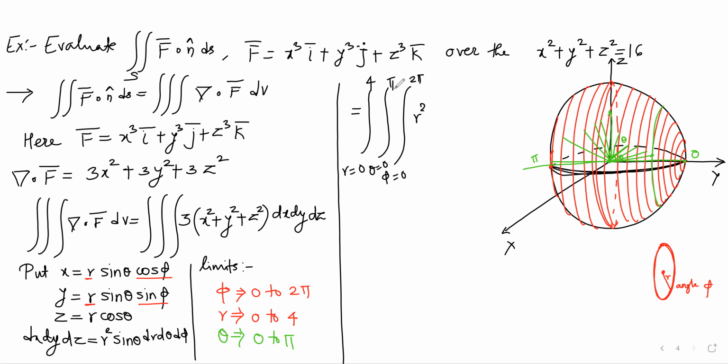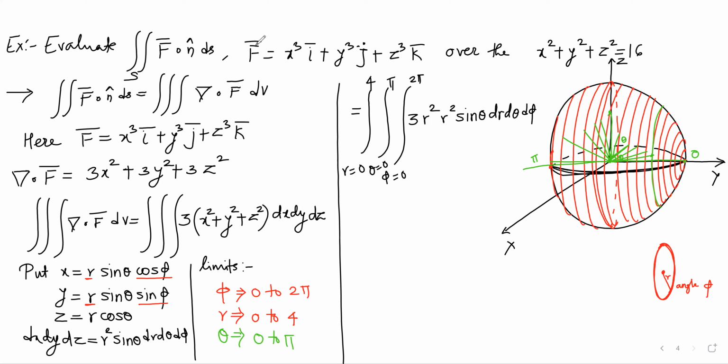Here we have 3 into r square, since x square plus y square plus z square is r square. And dx dy dz is one more r square sine theta dr d theta d phi. Correct?